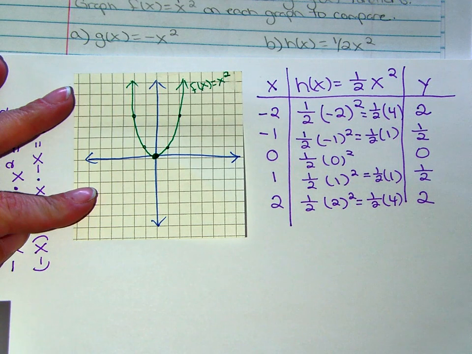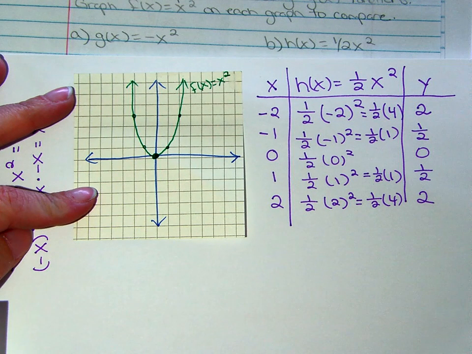And once I've filled in my table, I have my 5 ordered pairs so that I can graph.